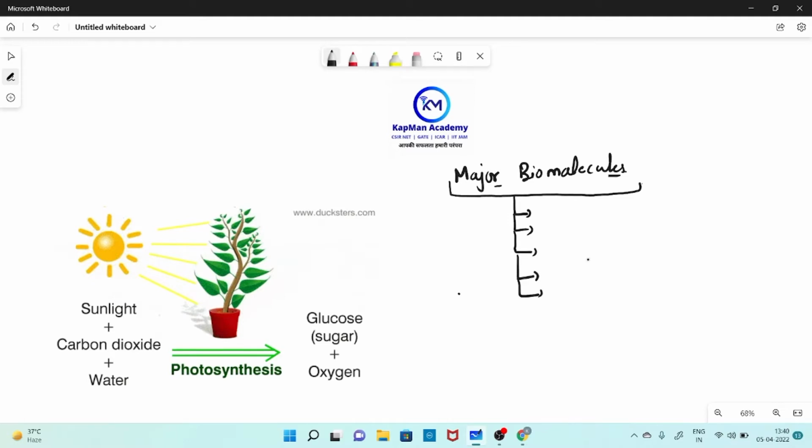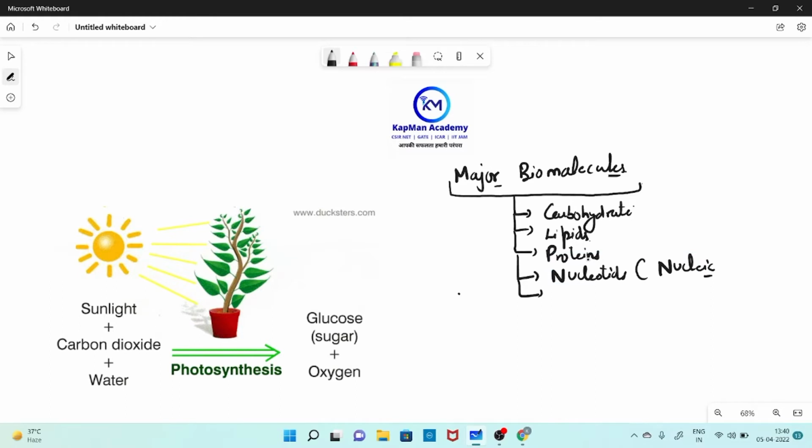The first major biomolecule is carbohydrates. Second is lipids. Third is proteins. Fourth is nucleotides, or as you can say, nucleic acids.